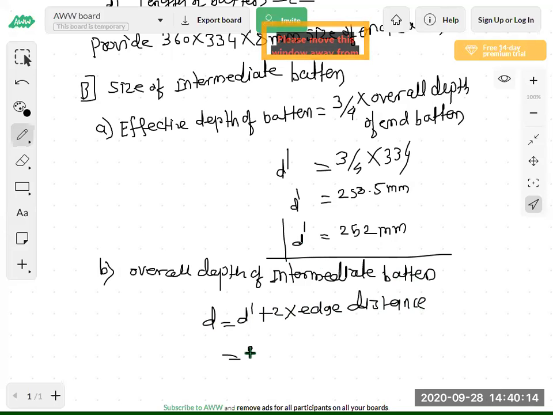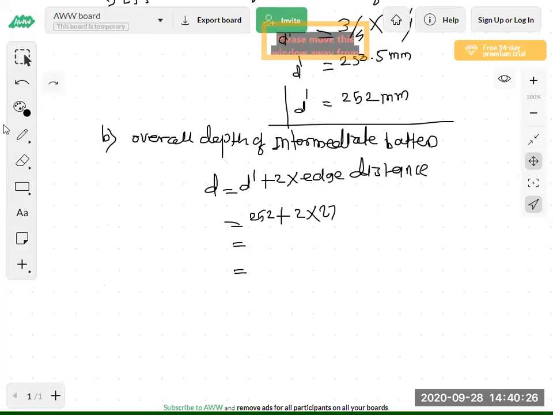So d dash is 252 plus 2 into edge distance 27. So how much? 306 mm. 306 mm is the overall depth of intermediate batten. And what was the earlier one? 334.